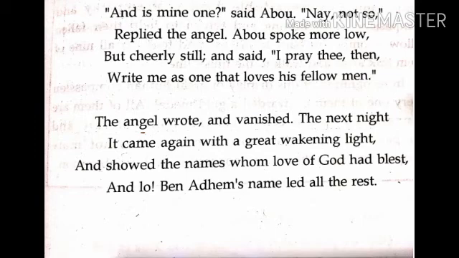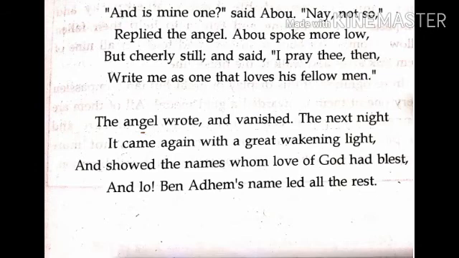How do you know it? Yes, of course, his request was accepted, because the next night when the angel came to his room and showed the book, his name led all the rest. And his name was there in the list of all those people who were blessed by God.